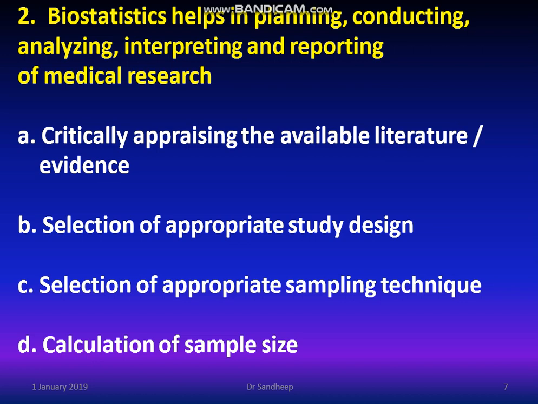If you are studying the effectiveness of an intervention to make a desirable change in a disease condition, then you can use experimental study design. Experimental study design can be clinical trials, randomized controlled trials, or quasi-experimental trials.